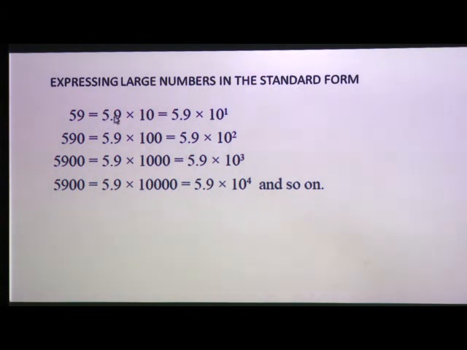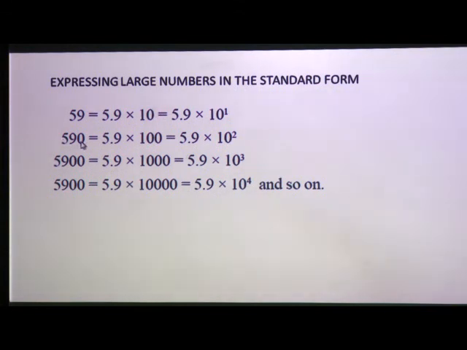It is nothing but 5.9 into 10. If you multiply by 10, the decimal will jump one step ahead, so it will be 59. So, 5.9 into 10 is nothing but 5.9 into 10 raised to power of 1, since 10 is 10 raised to power of 1.